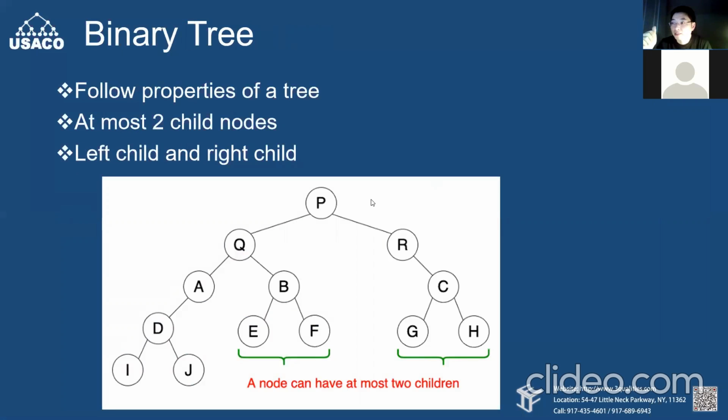A binary tree has all the properties of a tree, and at most, which means 0, 1, or 2, child nodes for a single parent node. If I have two child nodes, you have a left child and a right child. In our node class, we use left and right references pointing to different nodes.